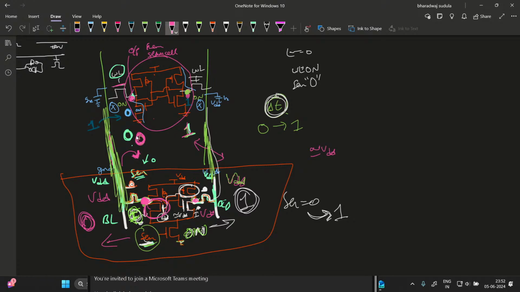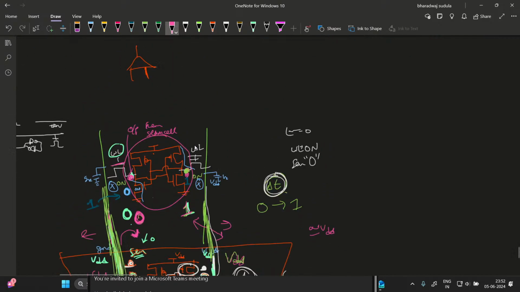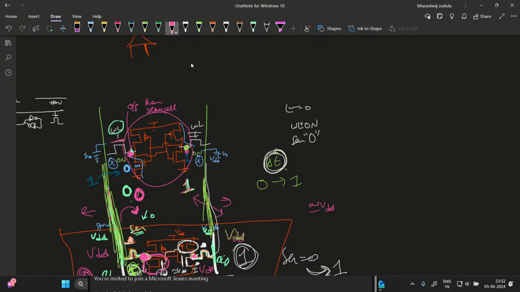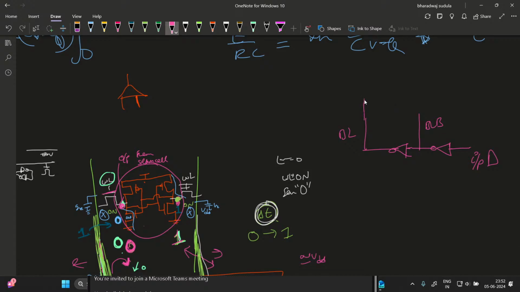So this left and right side is fixed. In that same way, you write the data accordingly. You have a write circuit. It is very simple. You have an inverter chain, you have input data, and this is your bitline bar, and this is your bitline, and this is connected to the SRAM cell.